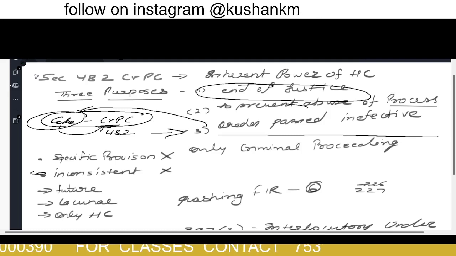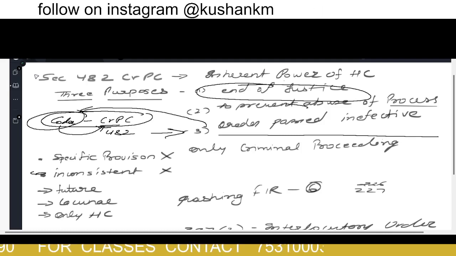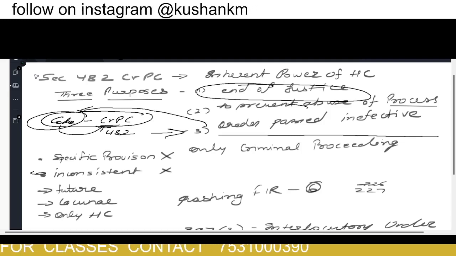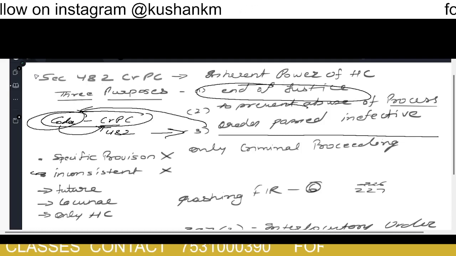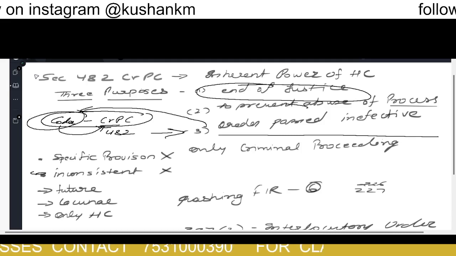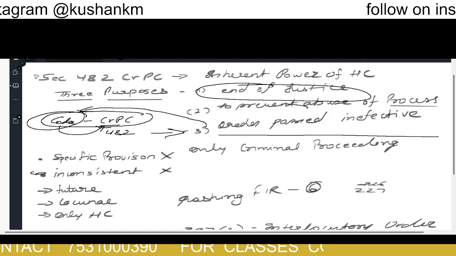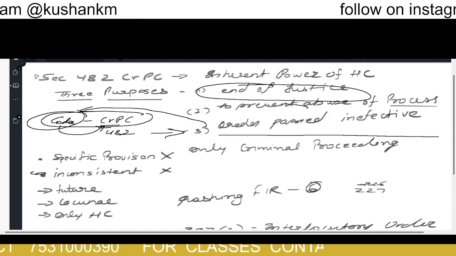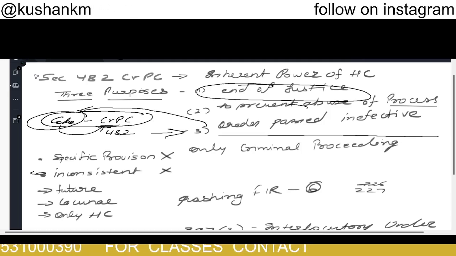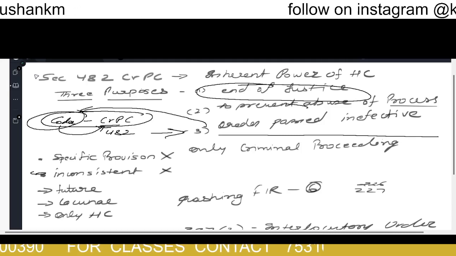Now it is clear to us that only for these three purposes section 482 can be used. Then we need to understand this also, that where any specific provision has been given under CrPC, like if any particular thing has been stated in any particular section of CrPC, in that scenario we cannot use section 482 of CrPC.